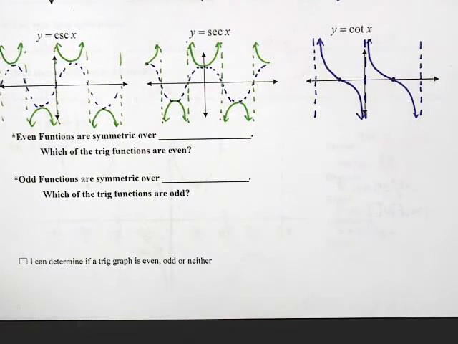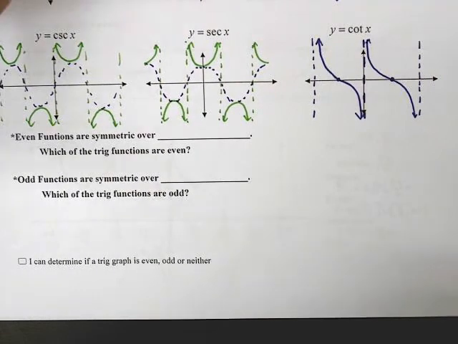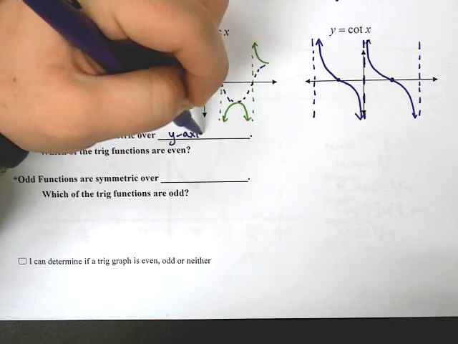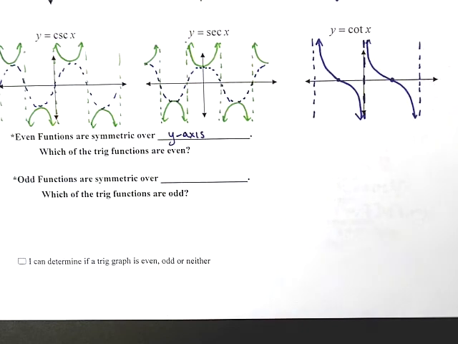Alright, last little bit of information, and this is just kind of a review, just to think about here. If we remember back to chapter 2, even functions were symmetric over, well, what's another even function? Like x squared. What is x squared symmetric over? Or x to the 4th? They're over the y-axis. So which of these are even or symmetric over the y-axis? Well, this one isn't, right?